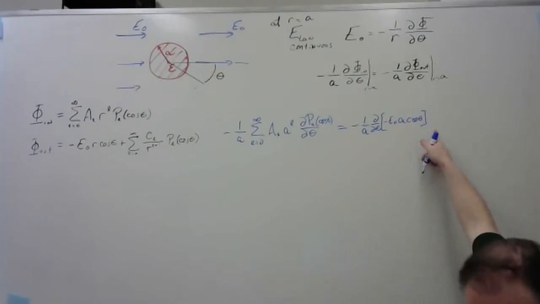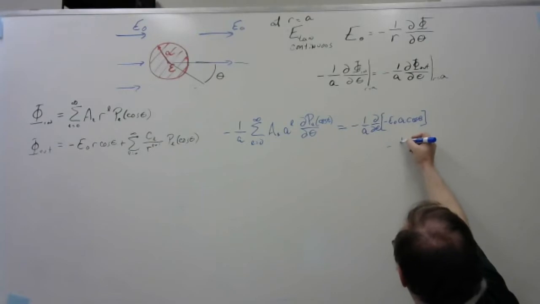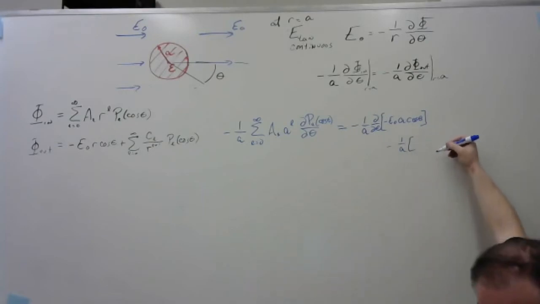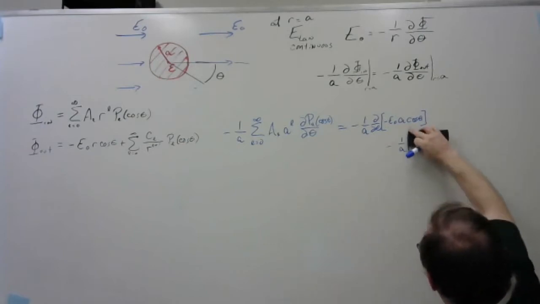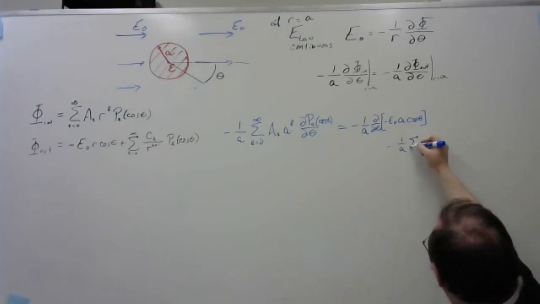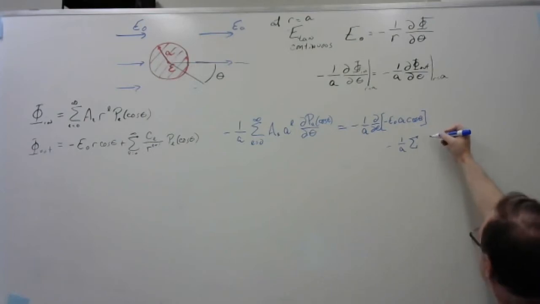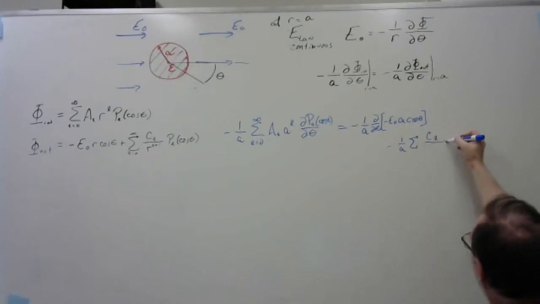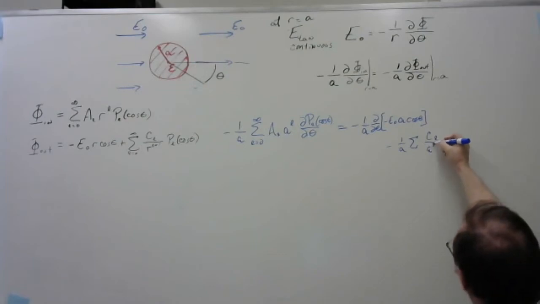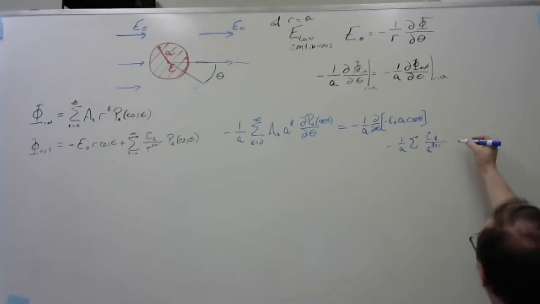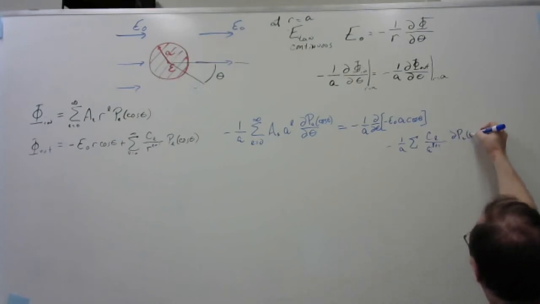And then I have the other part, which is a minus 1 over A times the sum of CL over A to the L plus 1 multiplied by d PL cos theta d theta.